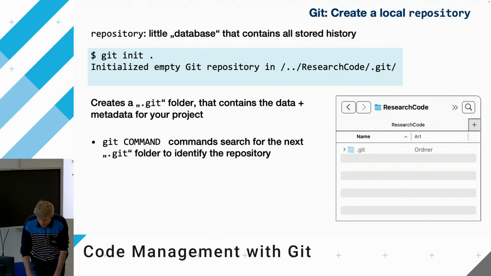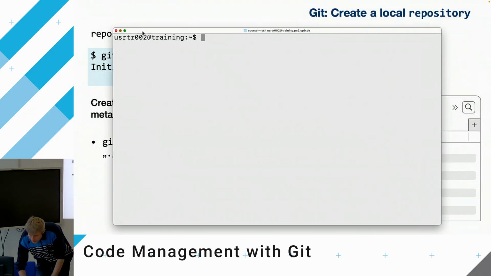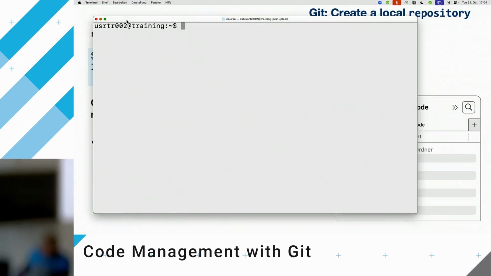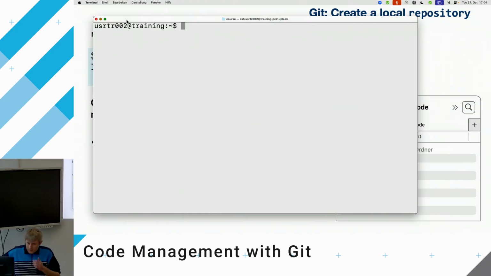So let's start with the Git folder, and I will again switch to the terminal here on the cluster, and we will start with a new repository. What's a repository?